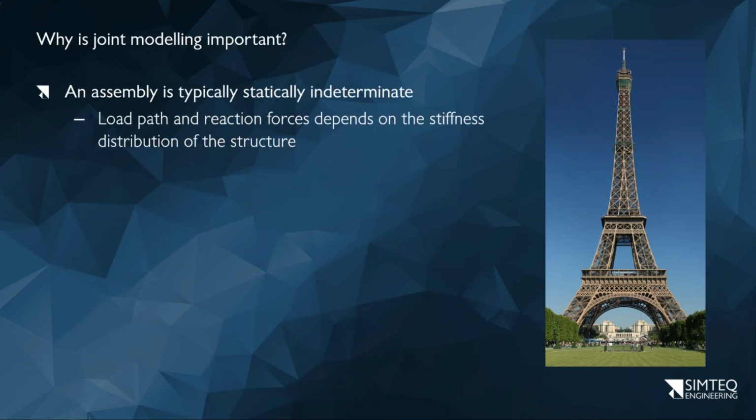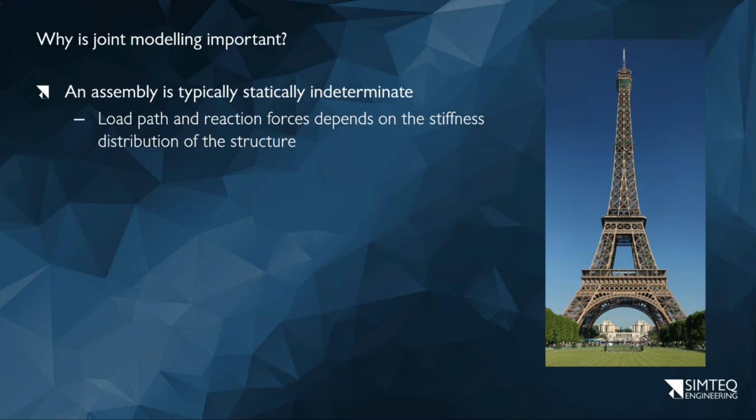So an assembly is typically a statically indeterminate structure. A part can be as well, but most assemblies will be. And if a structure is statically indeterminate, it means we need to know the stiffness of the structure in addition to where loads are applied and where constraints are applied.